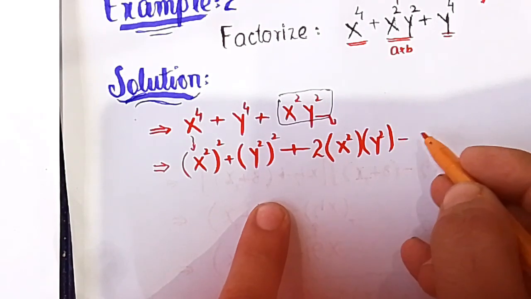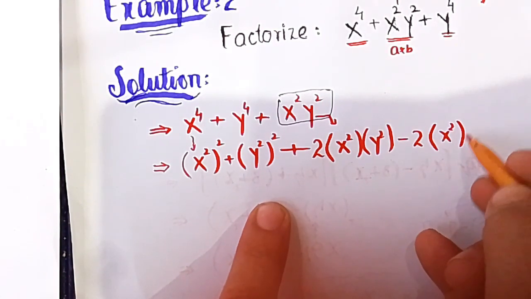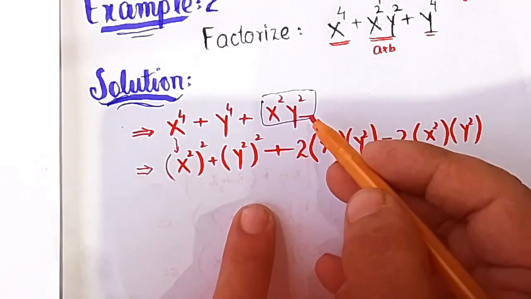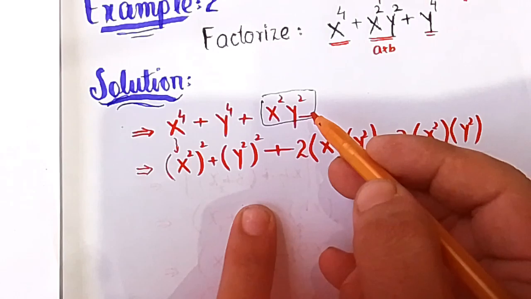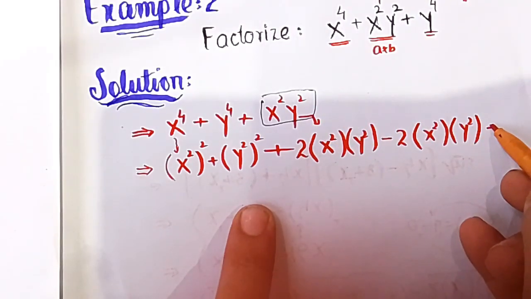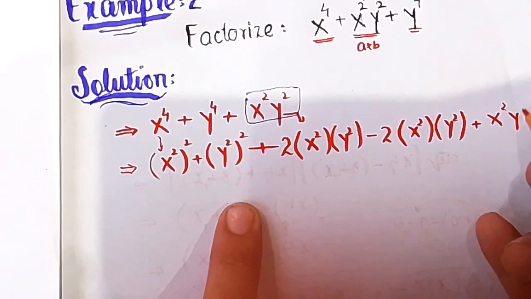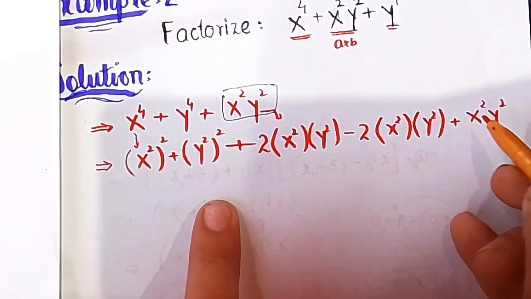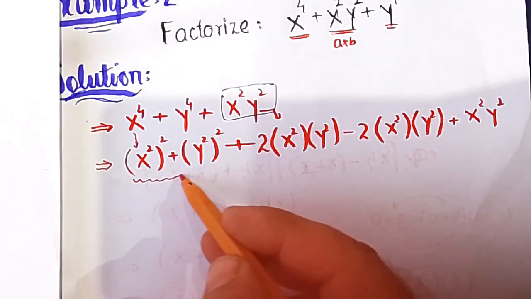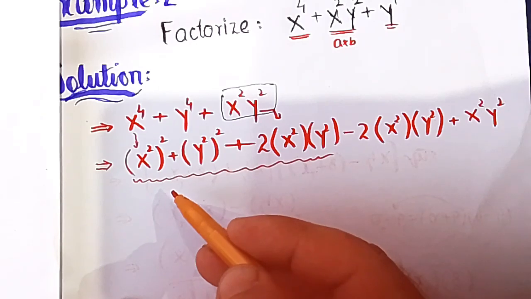Similarly, I have to subtract 2ab to cancel the effect of that term. And the next extra term will be written in the last, like that, x square into y square.